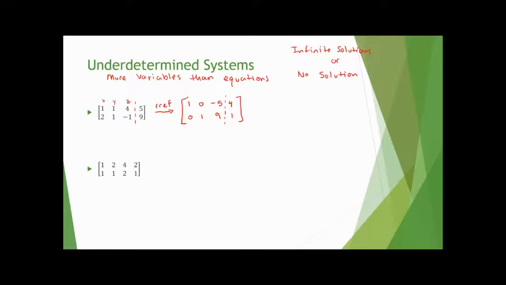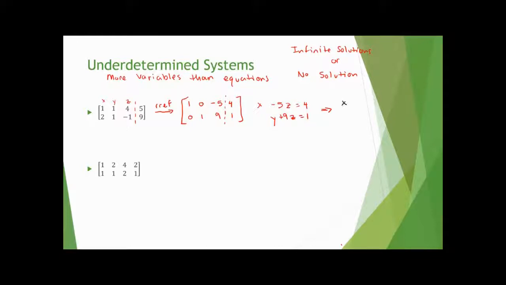So when I write these as equations, my first equation is x minus 5z equals 4. Then I have y plus 9z equals 1, because that third column there are the z's. So we would solve these for x and y. I'm going to change to black because I'm running into the green.